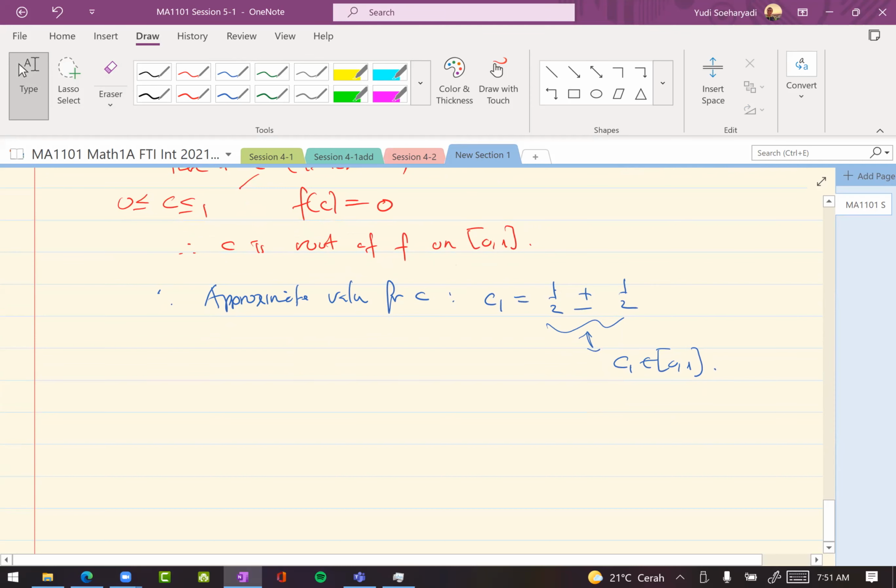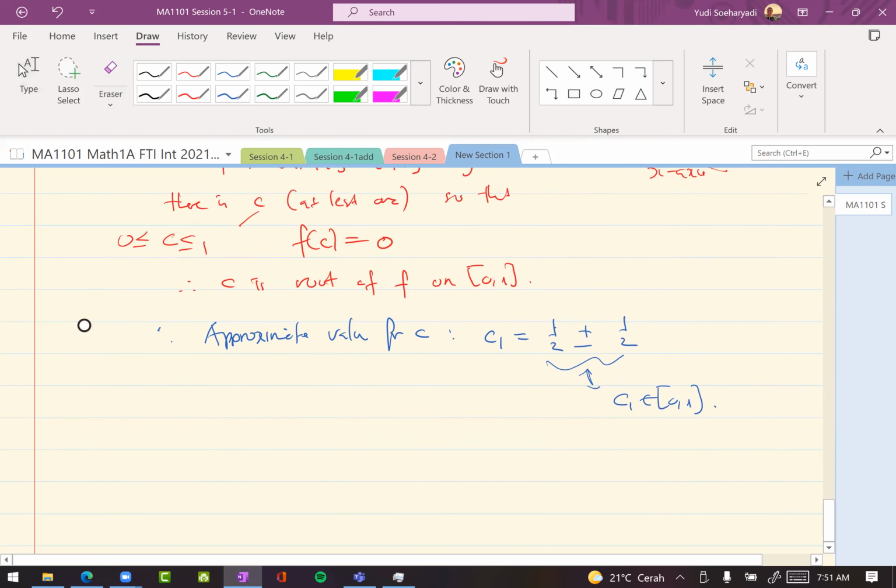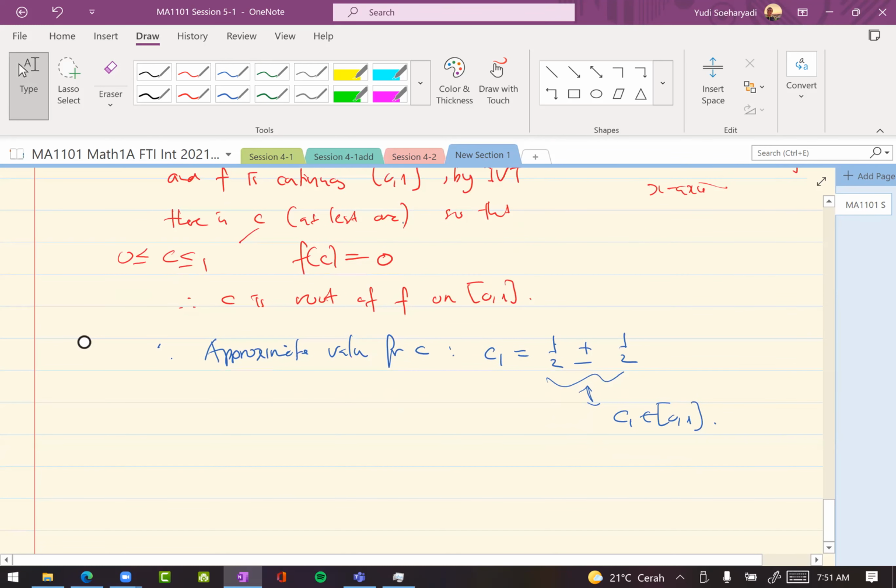Excuse me, sir. Can you repeat how you get the approximate value for c? How you get the half plus minus half again? All right. Because we know from here c exists, right? There is such a c, but we don't know the exact value of c.